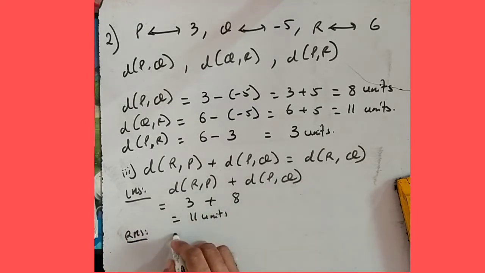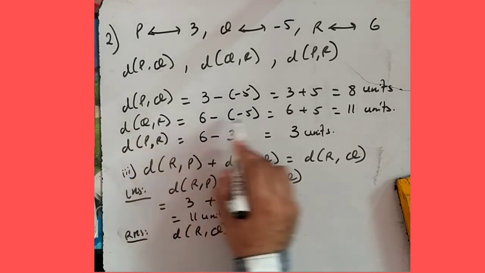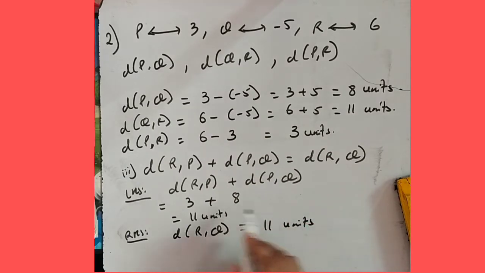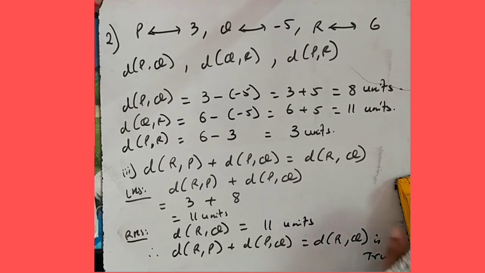RHS is distance RQ, and we have already found the answer, 11 units. So LHS is 11 units, RHS is also 11 units. Therefore distance RP plus distance PQ is equal to distance RQ is true.